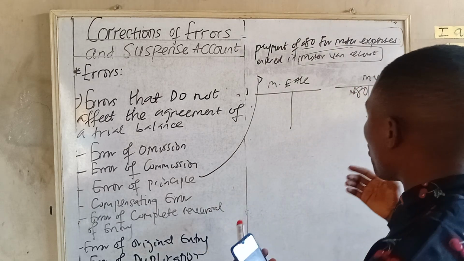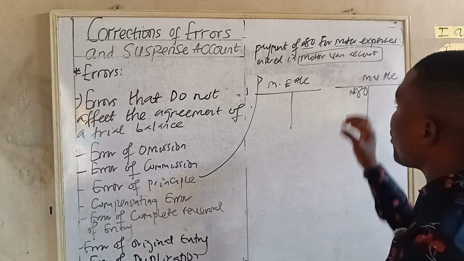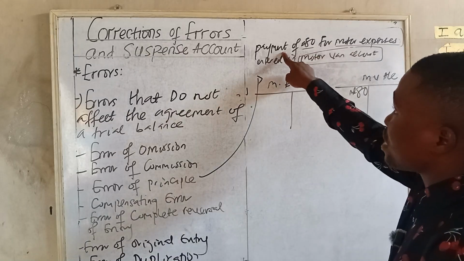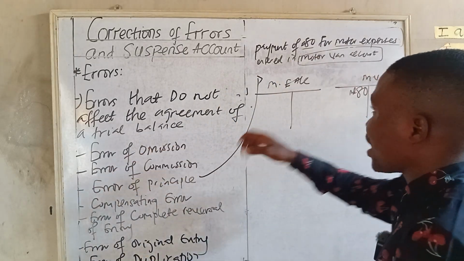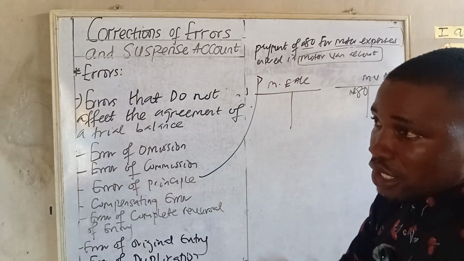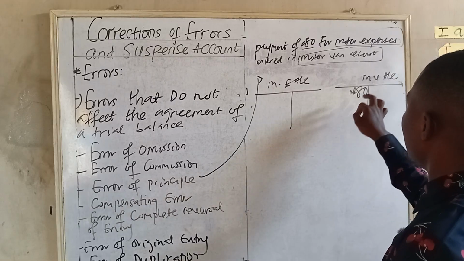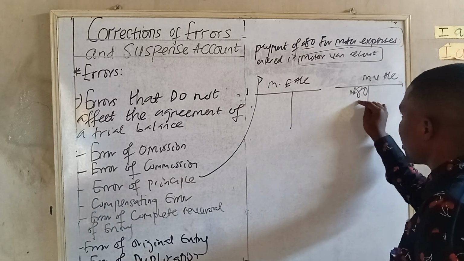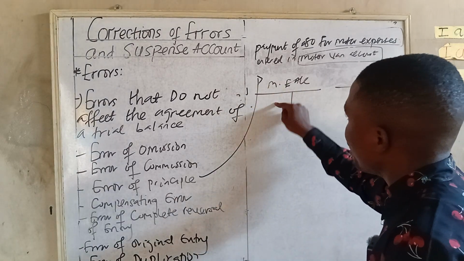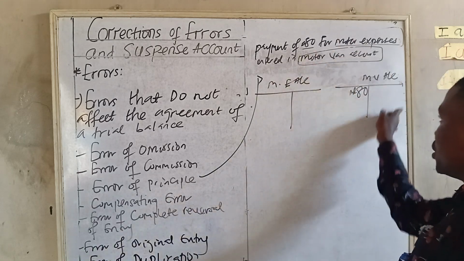So now we are going to remove it, because the first leg for this account is cash. We make a payment, you are paying cash. So it means cash here is correctly recorded. Second leg is that this account here, we will now remove this 80 naira, and bring it to motor expenses account. If you want to remove this money here, we record in the opposite side.